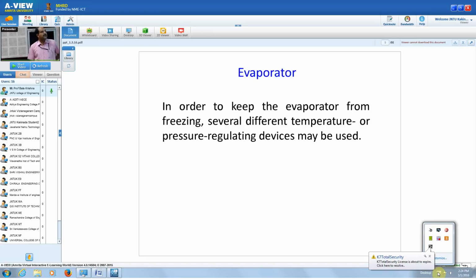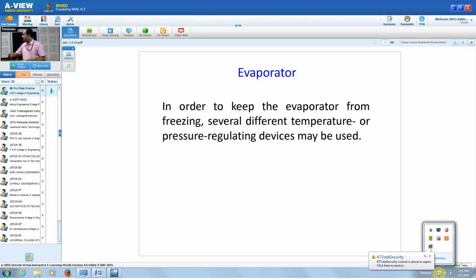In order to keep the evaporator from freezing, several different temperature or pressure regulating devices may be used. Suppose the cooling is over. Suppose you are not using the automatic thermostatic expansion valve. Maybe suddenly the inside load decreases, maybe the number of occupants decreases.